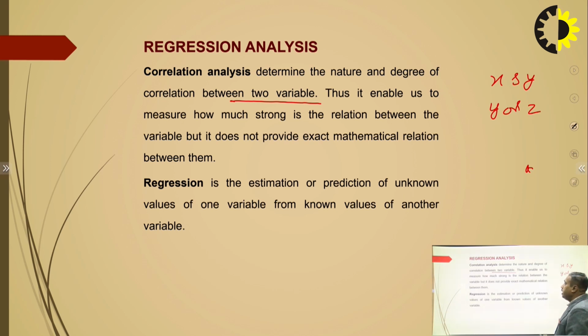The correlation analysis determines the nature and degree of correlation between two variables and does not provide the exact mathematical relation between them. But regression is the estimate or prediction of an unknown variable from the known value of the other variable. That is, if x is known, then y is calculated with the help of regression analysis.